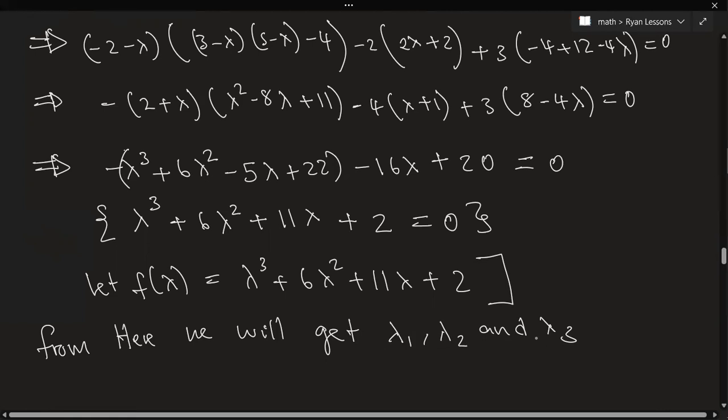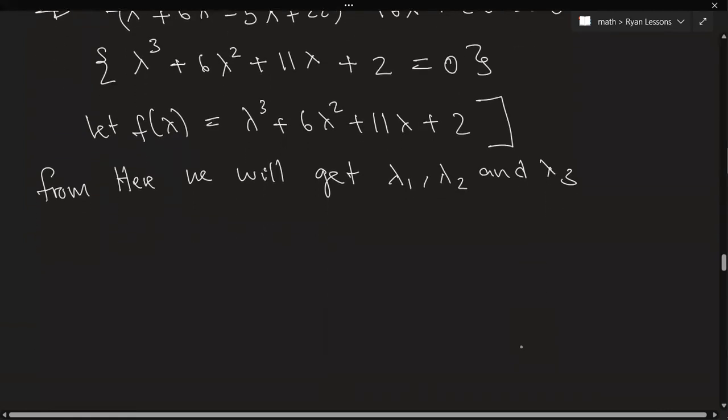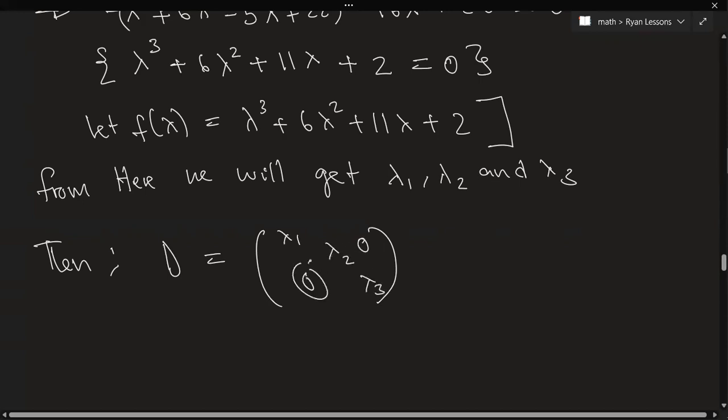So if now you want to find a diagonalizable version of matrix A, which we call D, then D is simply given by lambda 1, lambda 2, lambda 3, and everywhere else being 0. So this is how you diagonalize a matrix.